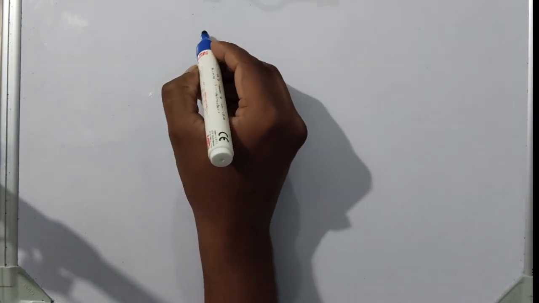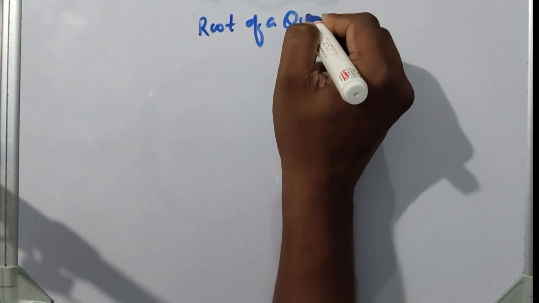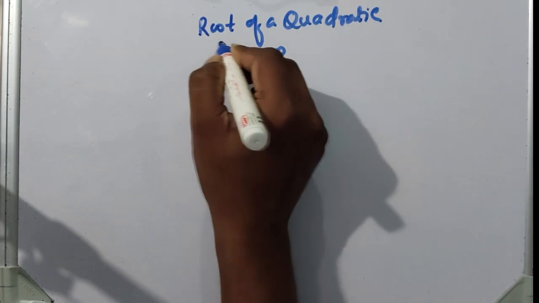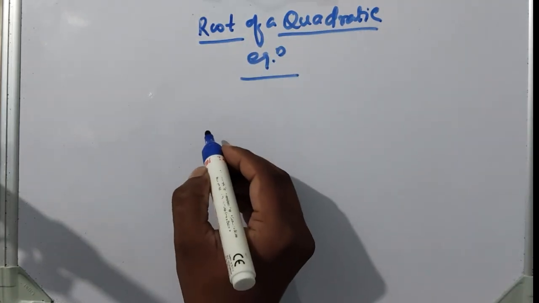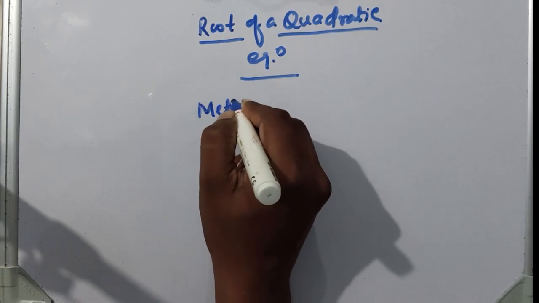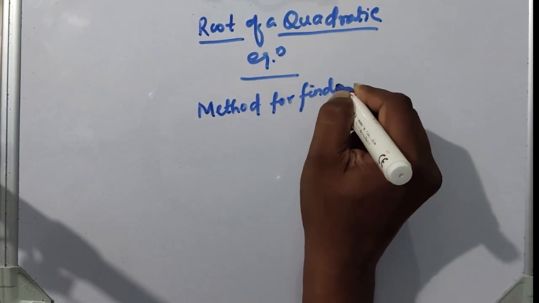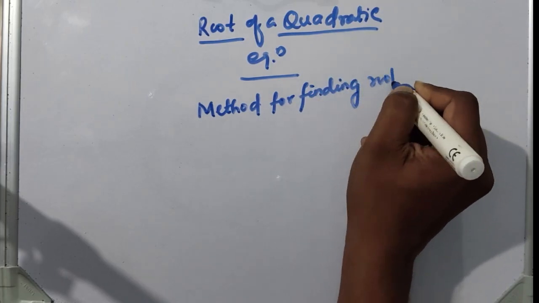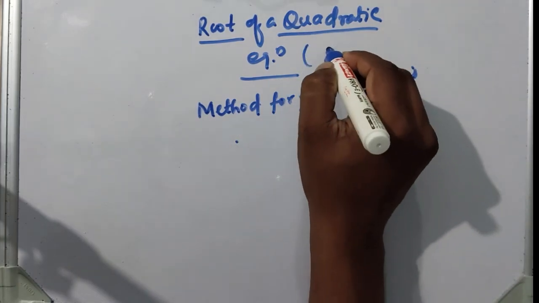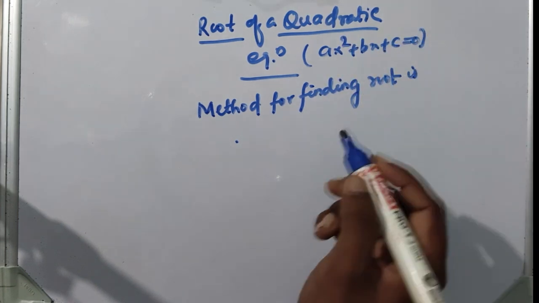So can you find the roots of a quadratic equation? The formula method for finding the root is: ax square plus bx plus c equal to 0 is a quadratic equation.